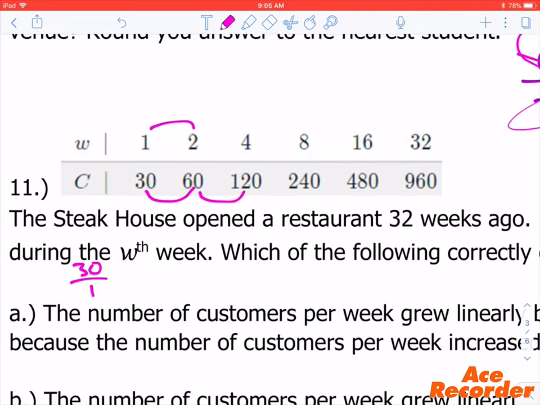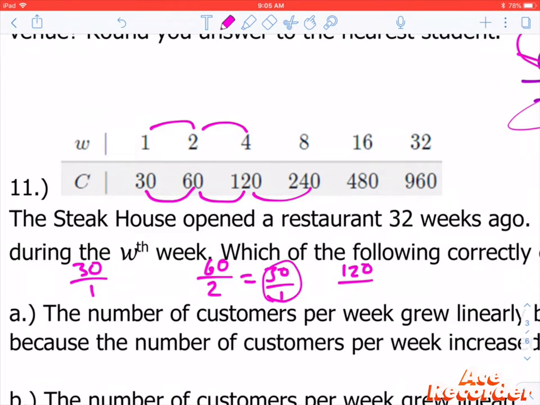This one goes up 60. Change in y over change in x is up 60 over 2, which simplifies to 30 over 1. And then this one goes up 120 and up 4 for the week, which reduces to 30 over 1.